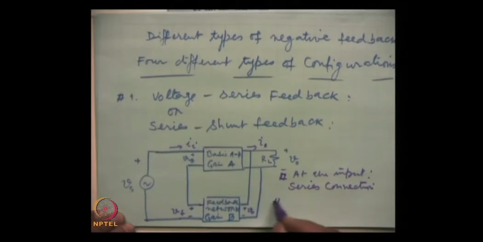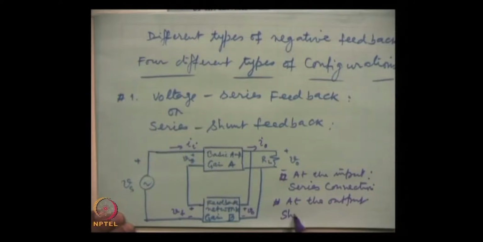At the output it has shunt connection. And we sample the voltage, a fraction of the voltage is fed back, and that becomes part of the input. This is one kind, that is voltage series feedback or series shunt feedback.